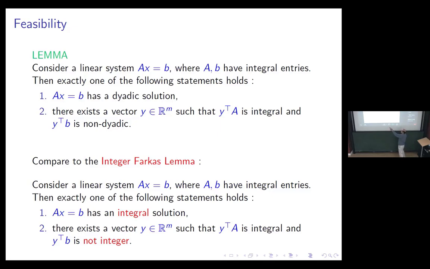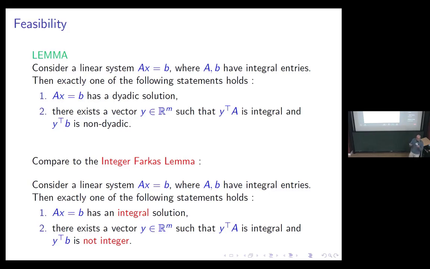Either AX equals B has a dyadic solution, or there exists a vector Y such that you can do combinations of the rows so that you get an integral vector, but if you do the same linear combination on the right-hand side, you get a non-dyadic value.